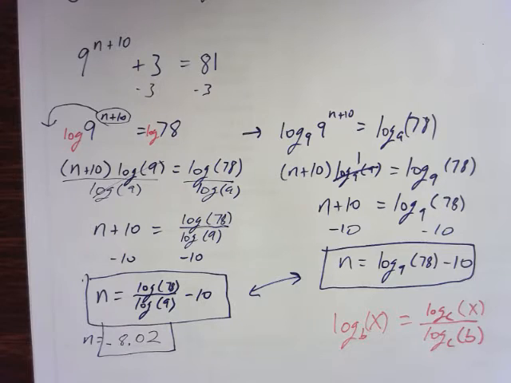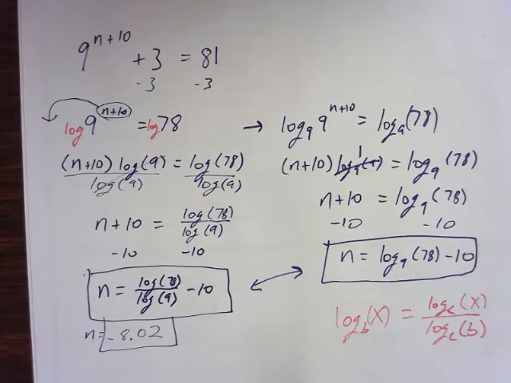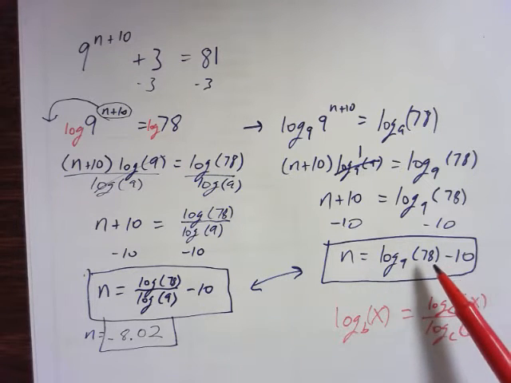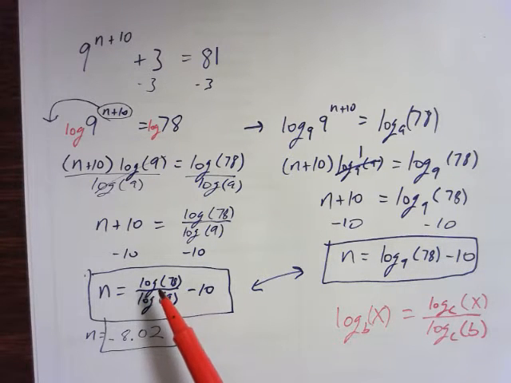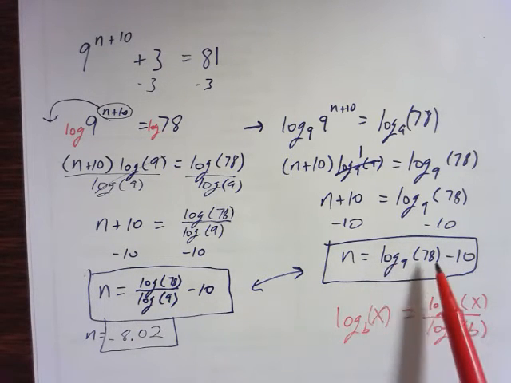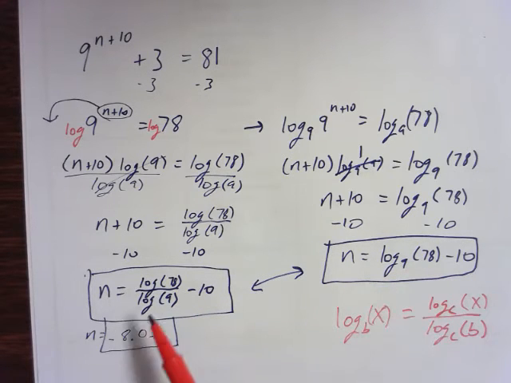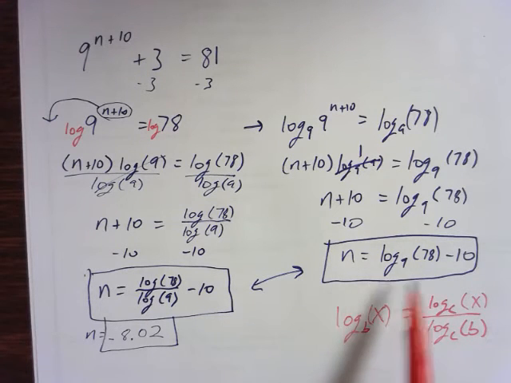Just like that. So basically what I've done here is the opposite of the change of base. So over here, I have log base 9 of 78. And so I could change it to a new base of 10 and say log base 10 of 78, which is what I have there, over log base 10 of 9. So basically, between both of these, it's just using the change of base property to go back and forth between the two. Okay, this one does look a little bit nicer.